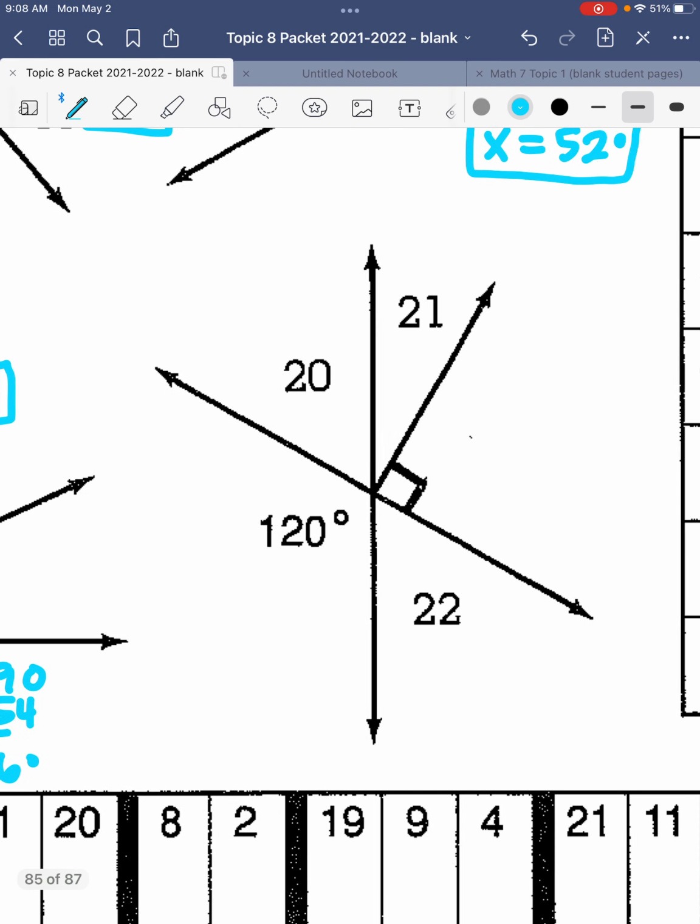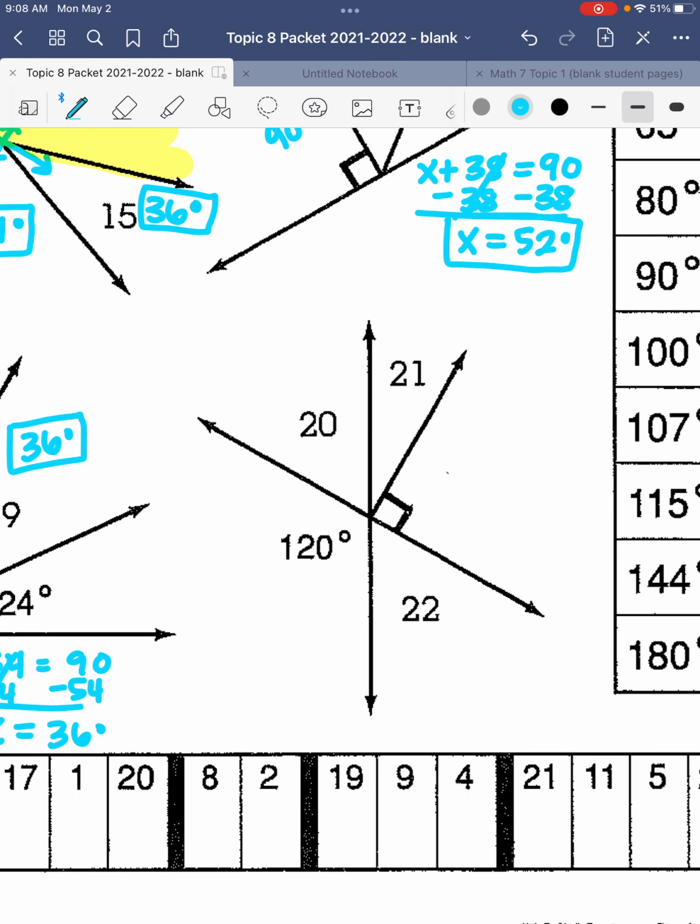Okay. Last figure right here. So we've got to figure out 20, 21, and 22. So let's start with 22. And the reason I want to start with 22 is because this angle that's given to us is 120 degrees plus this angle number 22 make a straight line, right? We all see that straight line. So I know that they add up to 180 degrees.